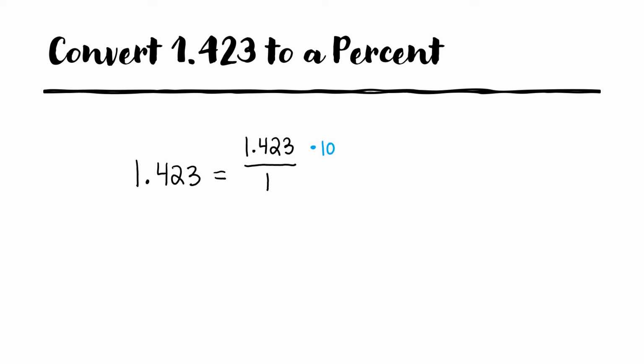So we'll multiply our numerator and denominator by 100. 1 and 423 thousandths times 100 is equal to 142 and 3 tenths, just moving that decimal point to the right, because multiplying by 100 will make it a larger number. And then 1 times 100 is equal to 100.